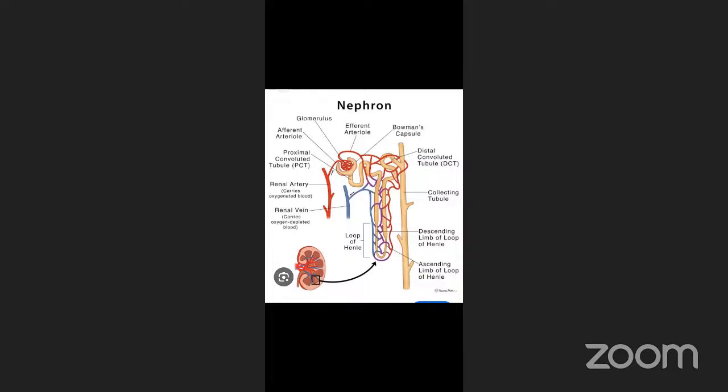Abdullahi says high pressure which causes passage of small particles while large particles are filtered. And then Kevin Kipchumba says the lumen of the afferent arteriole is wider. We expect it to say the lumen is wider than the efferent arteriole, and that's creating high pressure, correct?